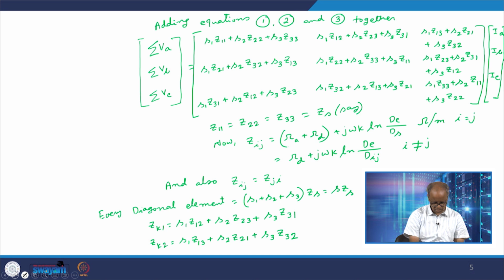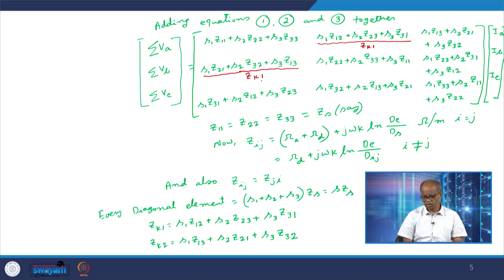And if this, S1 Z13 plus S2 Z21 plus S3 Z32, is Zk2, then this is also Zk2.